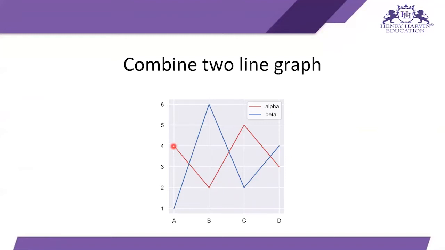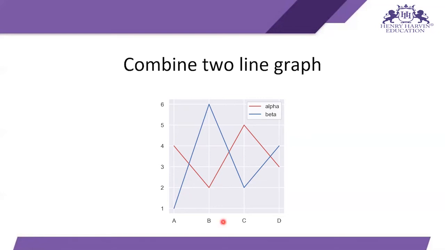Let's say alpha is company one's sales, and beta is company two's sales. We combine the two line graphs and see which company is growing better and which is not. From this graph we can also state that in this time period beta company is doing better, and in this time period alpha company is doing better.